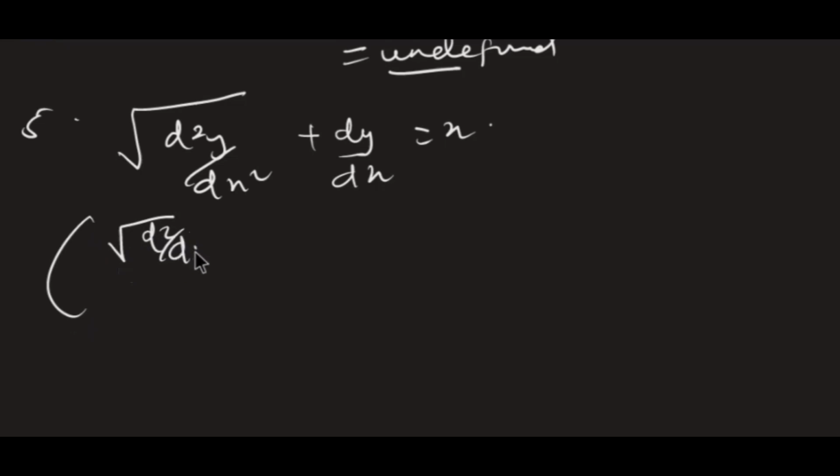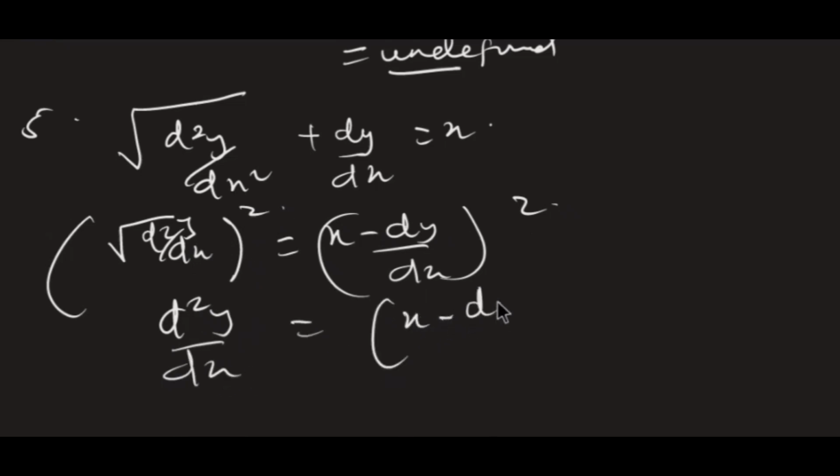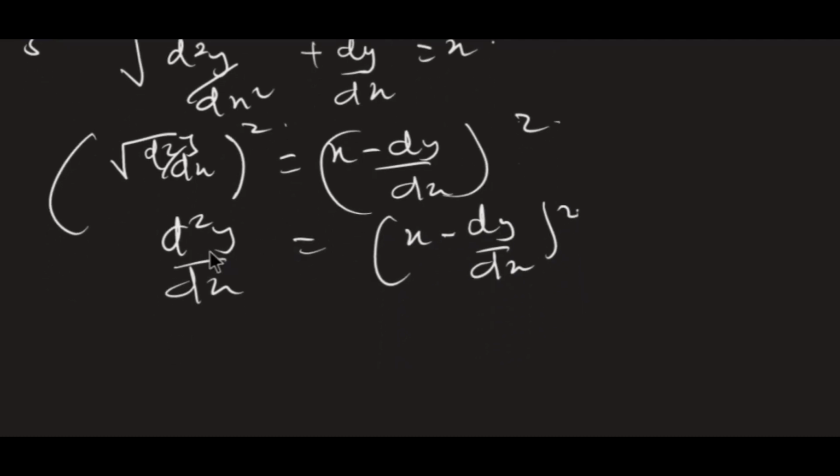Then d squared y over dx squared is equal to x minus dy over dx, all squared. So after simplifying it to this form, the highest derivative is now d squared y over dx squared, and the order is equal to 2. Then the degree is the highest power of the order, and that is 1.